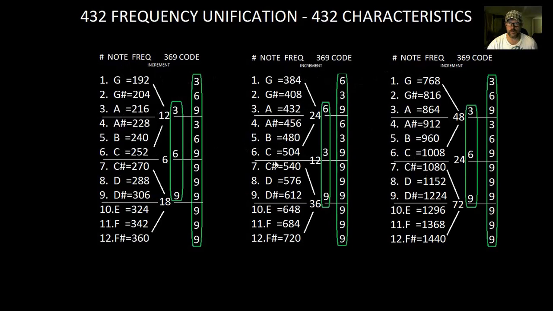These are all pure tones. You won't find these in any instrument. You won't find these in any literature. I've never seen these tones, but this is based off of the 432 tones, and so we're just going to talk about some of the characteristics.